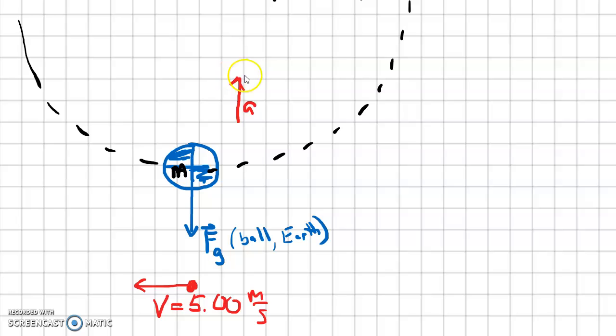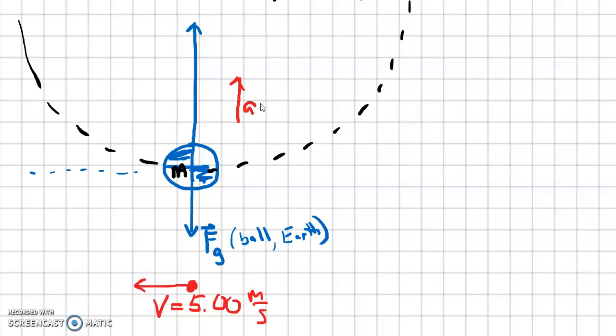Now, note that the acceleration is upwards. Knowing that there's an upwards acceleration, we know that the magnitude of this tension force is going to have to be greater than the gravity force. If these two were equal to one another, it wouldn't be accelerating. It would be moving at a constant speed, and it would actually be traveling off in a straight line path.